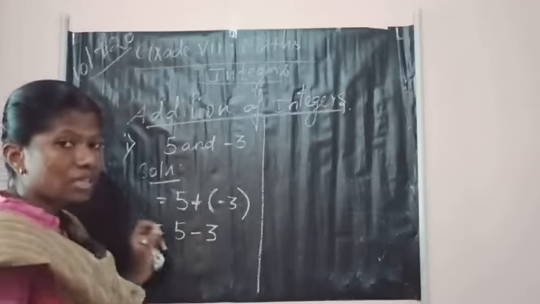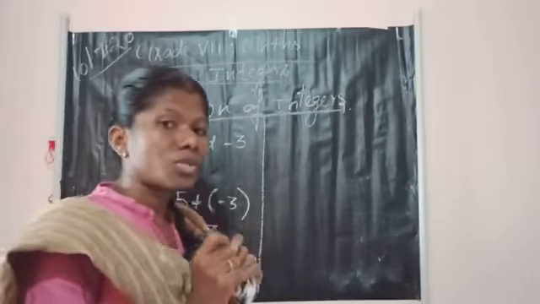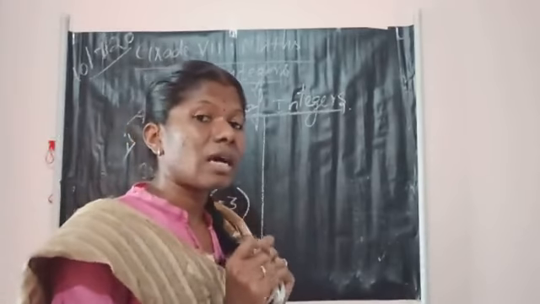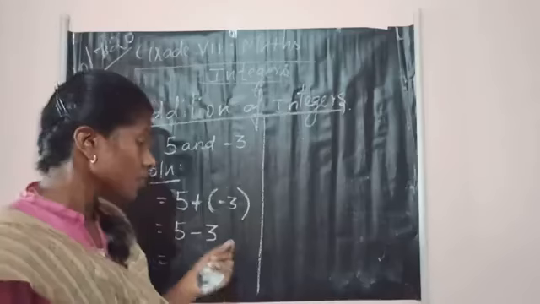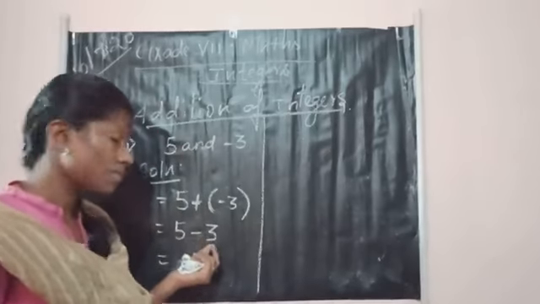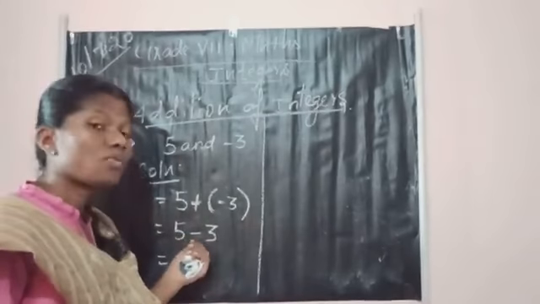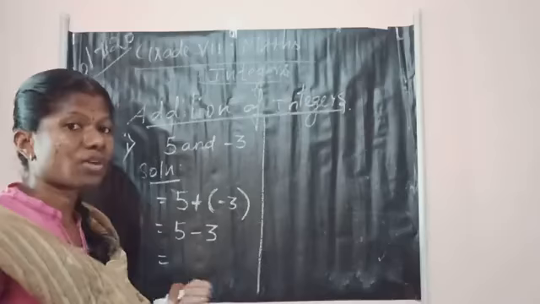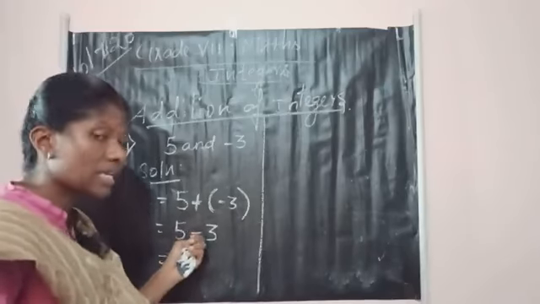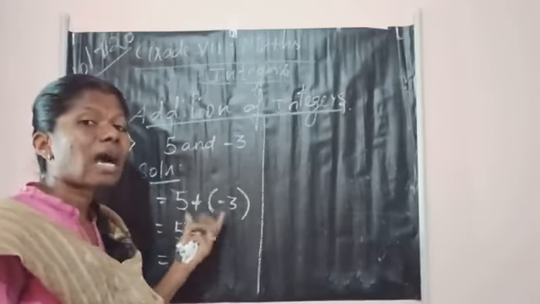Before simplifying these two values, you have to check whether the signs are different or the same. For 5 you have positive, for 3 you have negative, so the signs are different.